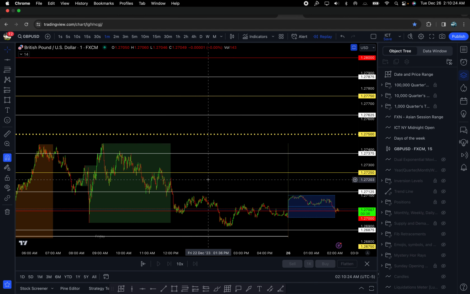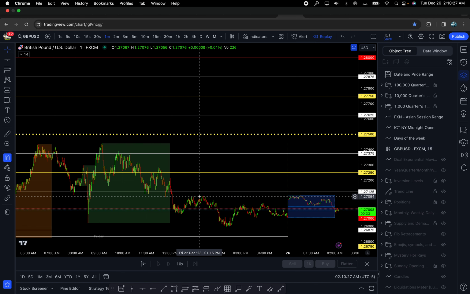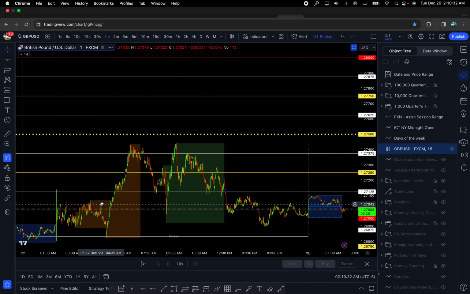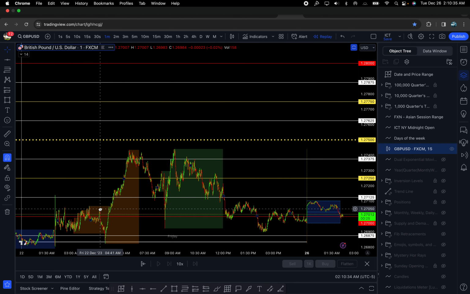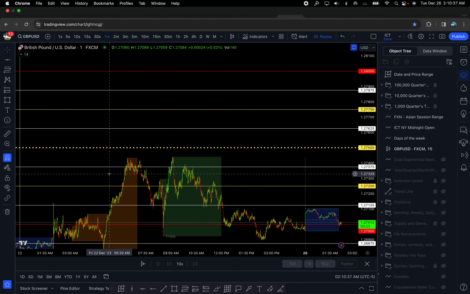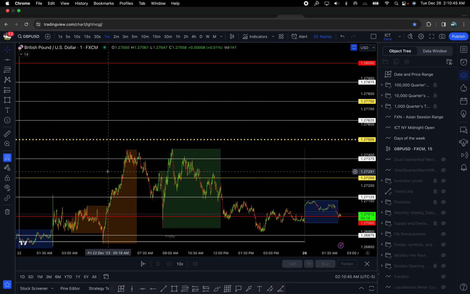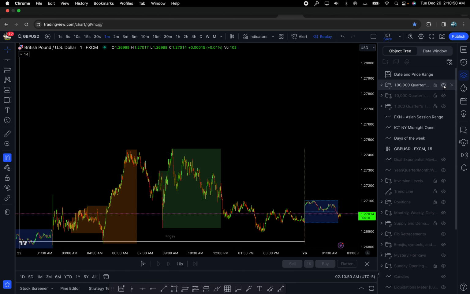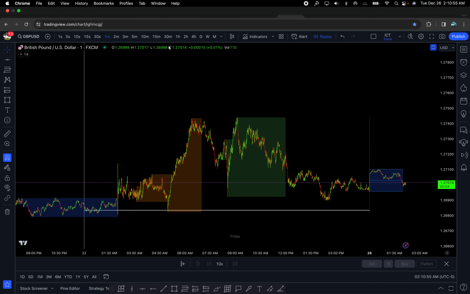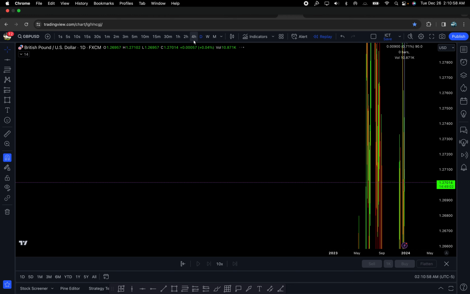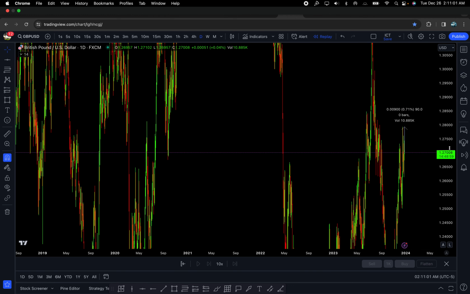And it just gives you reference. I just feel like you have to have these levels on your chart. For me, if I didn't have these levels, now it's not to say you have to have them all the time. You don't. You could literally look at price action without the levels, right?